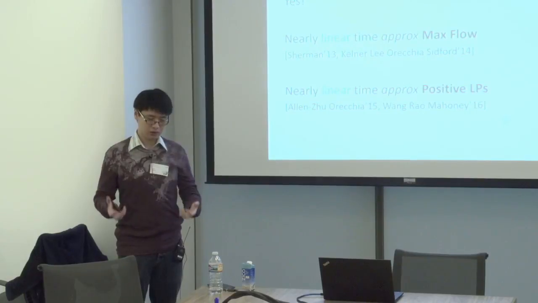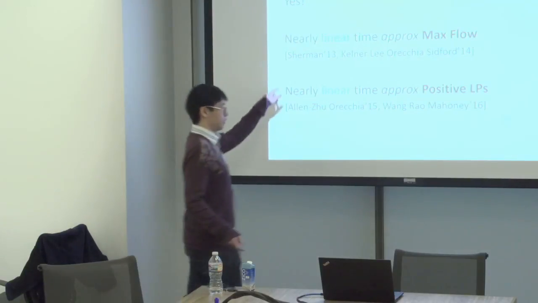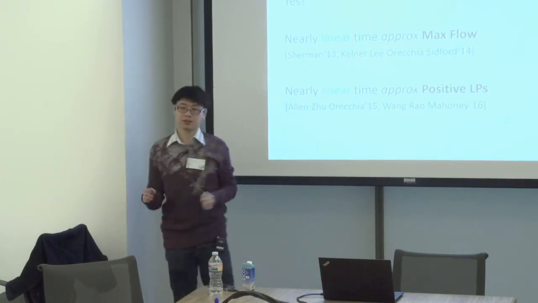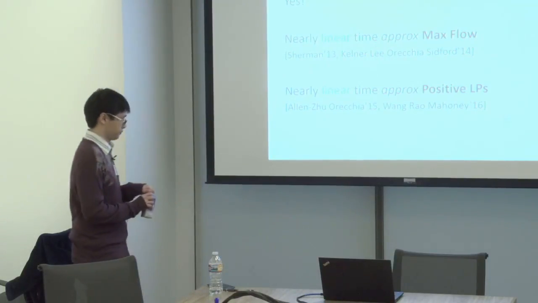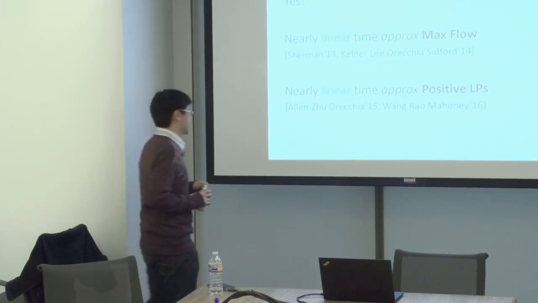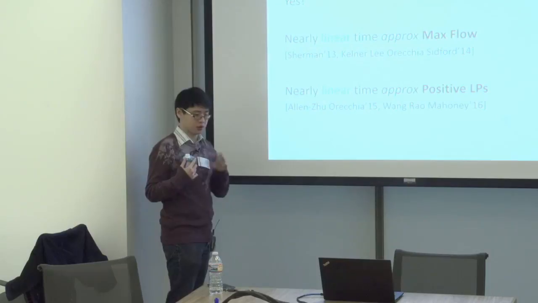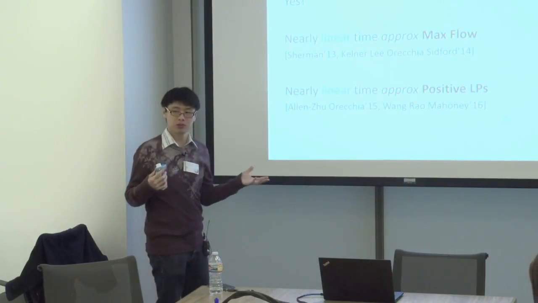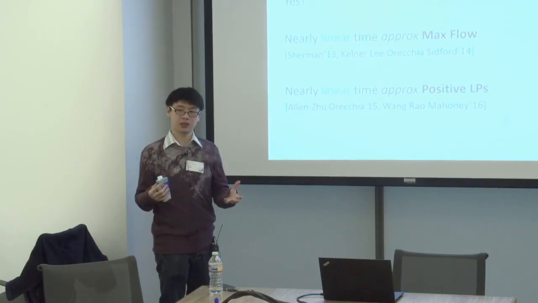They show that if you are willing to suffer some approximation loss, you can get a fantastic result, pretty much the best that you can hope for. And they do it just by using some first order method. So max flow you can just solve using an LP because it's a linear program.